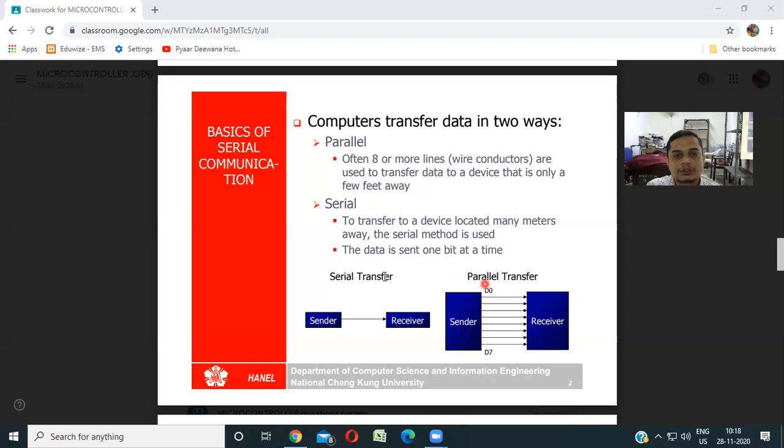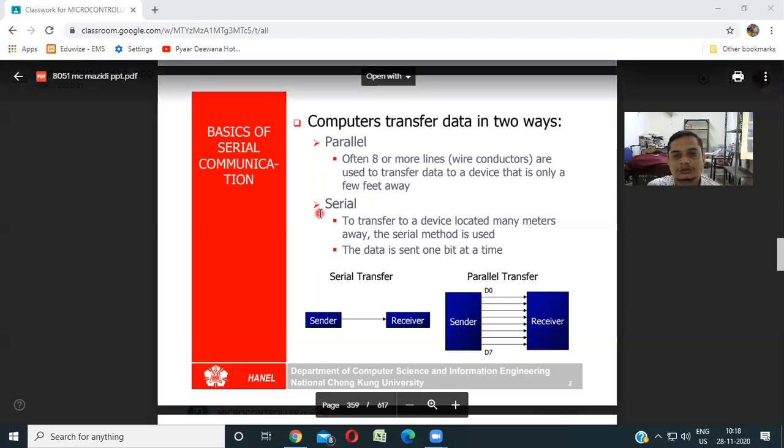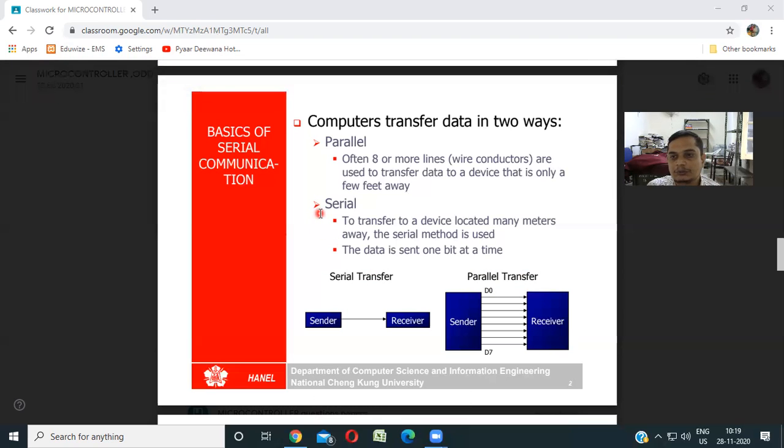The second type is widely used for long distance. For long distance communication, a computer is connected with another computer. Both are far away, and we want data communication between these two computers or systems. Then we have to go for the widely used communication called serial communication. To transfer data to a device located many meters away, the serial method is used.